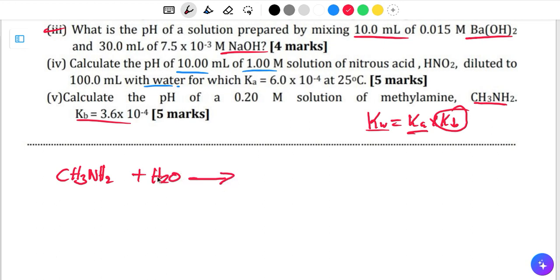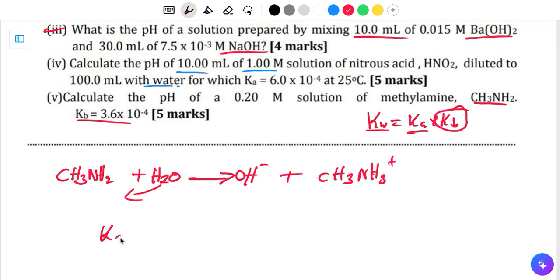So this one is going to donate 1 hydrogen, so it's acting as an acid. Then we can have something like this, and then here we are going to have CH3NH3 to the power positive. So this is what we have.